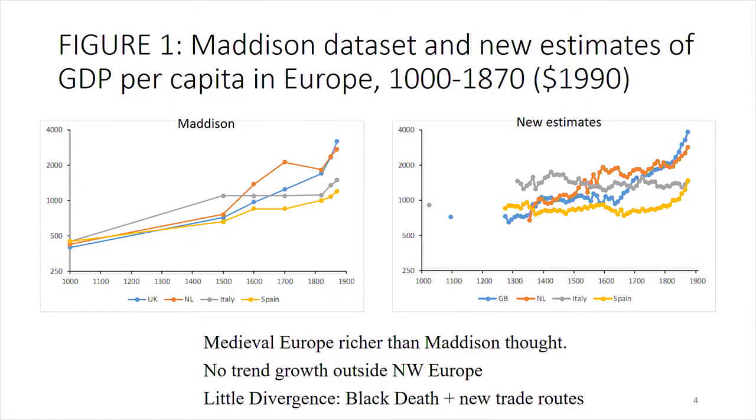The blue line is for Great Britain, the red-orange line is for the Netherlands. Those both grow over time, and starting from being relatively poor, they end up being the leading economies as they go into modern economic growth.